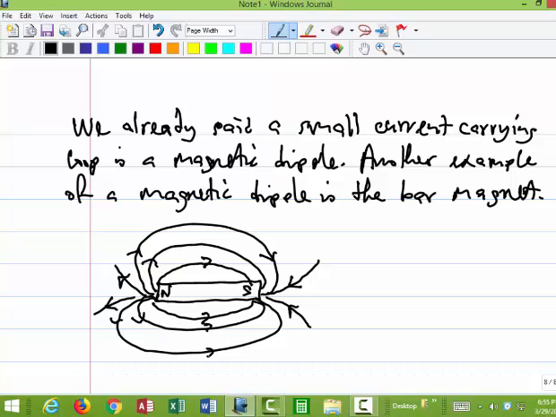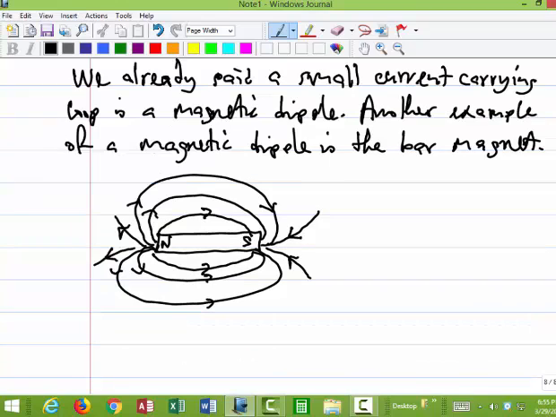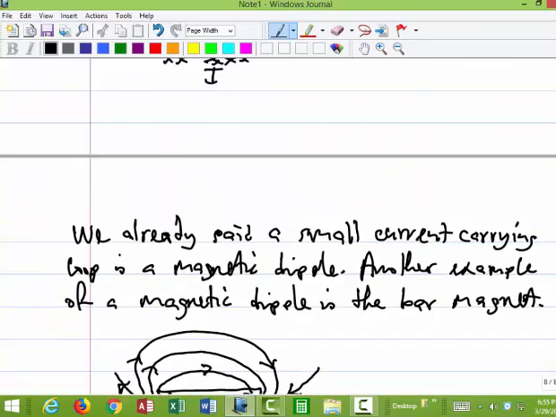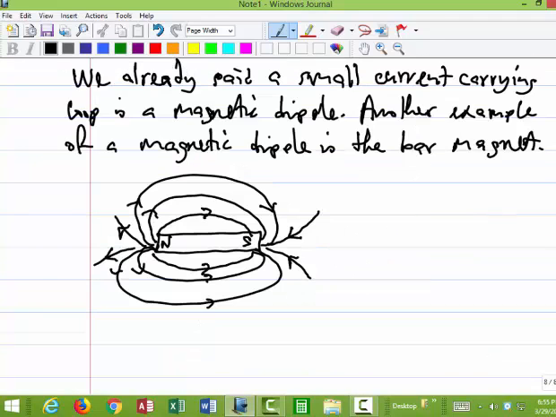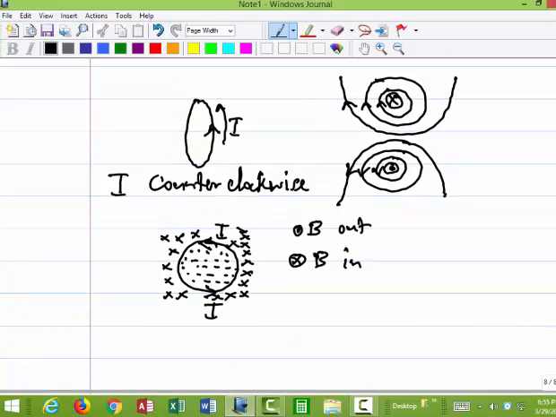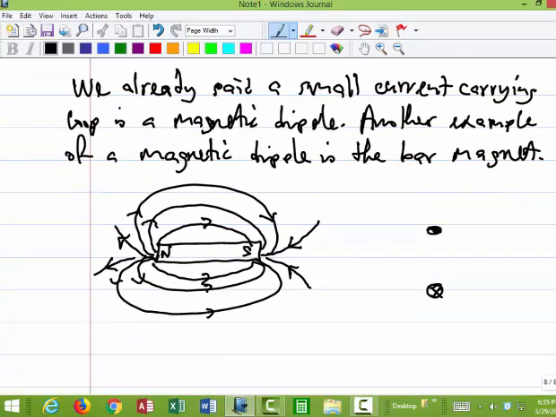So this bar magnet will be similar to having a current carrying wire like what we had there. This is similar to a situation where we have something like this, because I want it to mimic what you have. In this case, I'm going out of the board on top, so the field is going to be going this way.